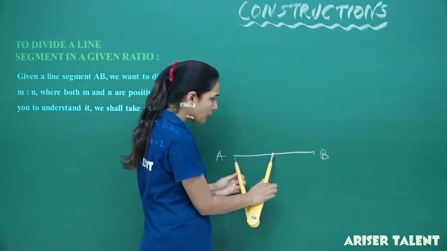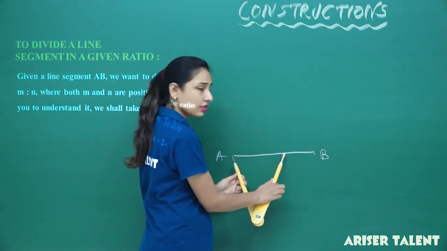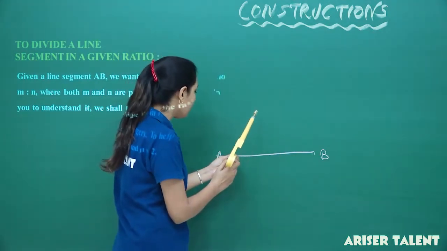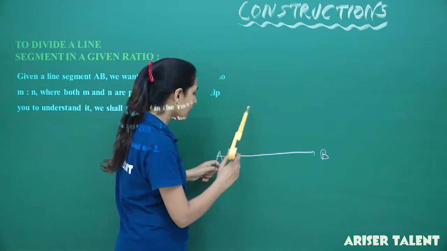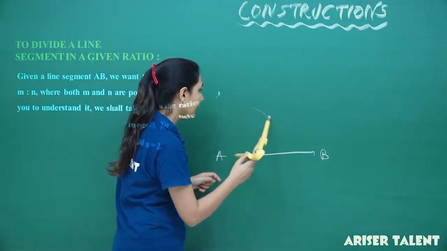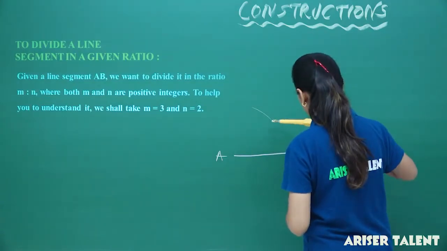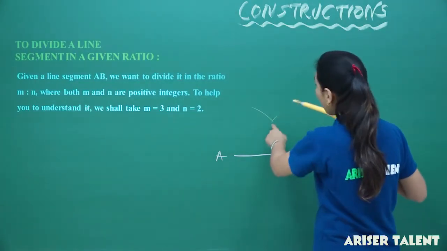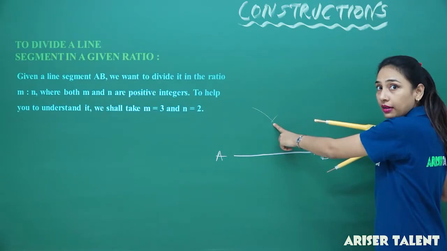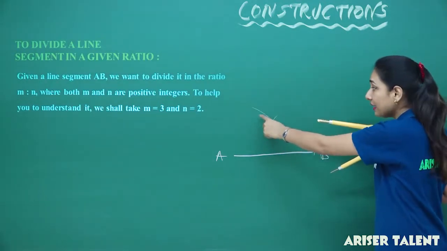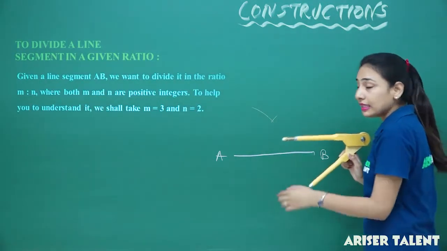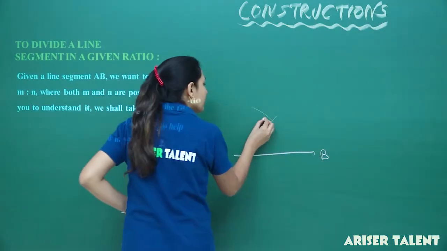This is approximately the half, so I will take this. Then I put the compass point on A and cut an arc. From point B, I do the same thing and cut an arc. The point where these two arcs meet is my new point, and let's call it C.